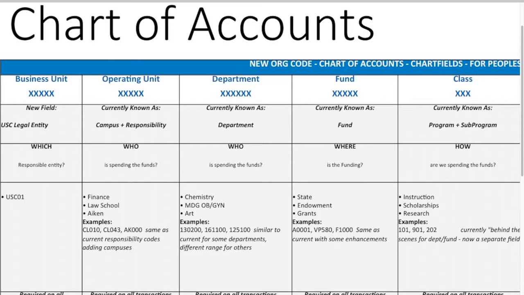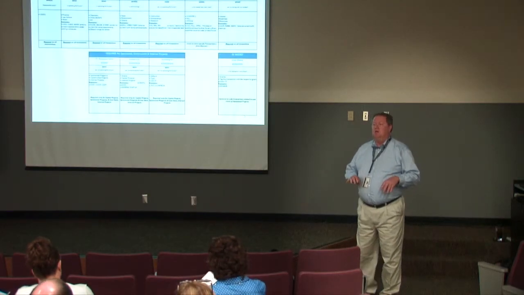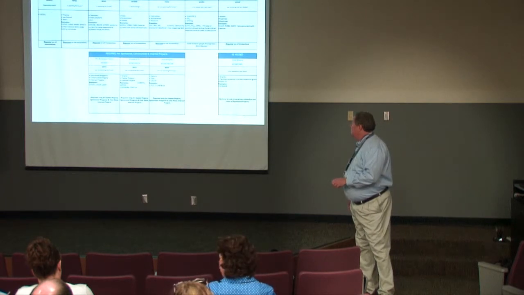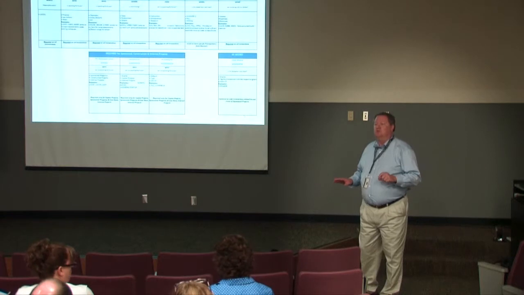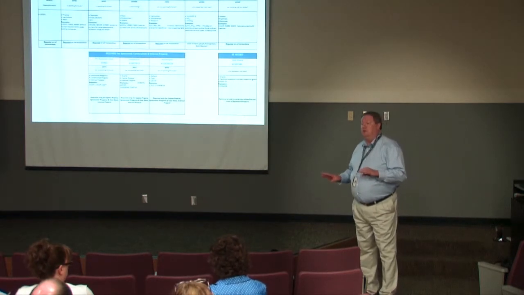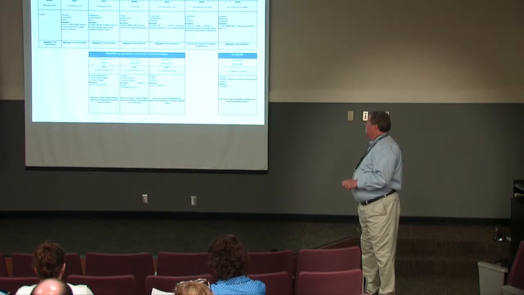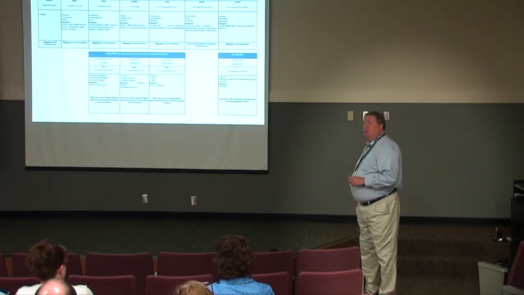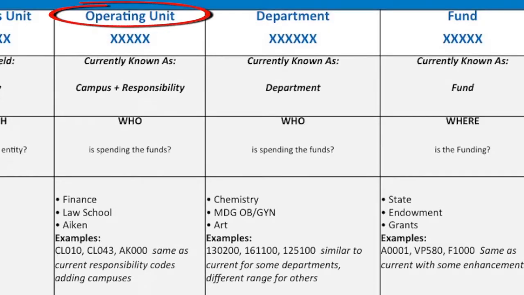If one of our foundations decided to get on PeopleSoft, our version of PeopleSoft, then we would have another business unit there because we have to keep everything separate. But there's no plan to do that anywhere near in the future, okay? So that's only one value. You shouldn't even have to put it in. It'll be pre-populated USC 01.